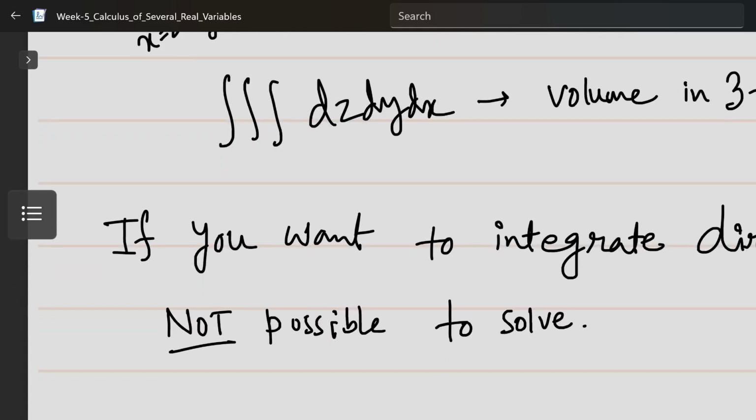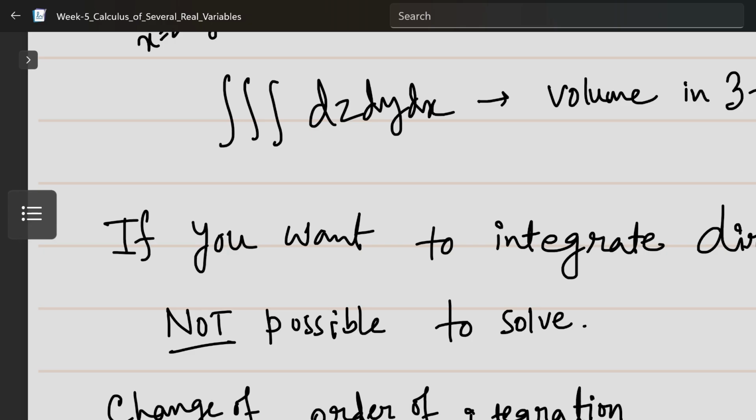In that case, there is something called change of order of integration. It means from integral f x, y dy dx, you are writing f x, y dx dy.